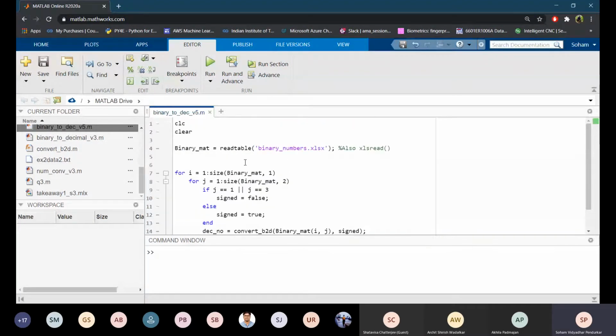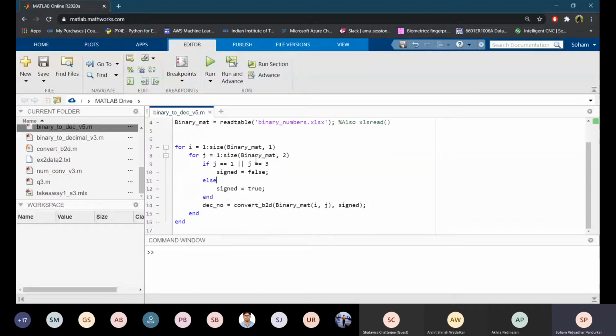First let me show the logic is right. We read some numbers, then for i equals 1 to size, i goes from 1 to 3, and j equals 1 to 4. The first and third columns are unsigned integers, whereas the second and fourth columns are signed integers.